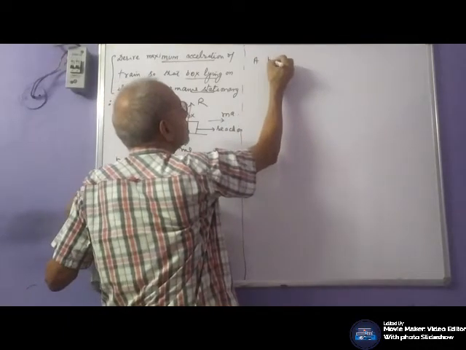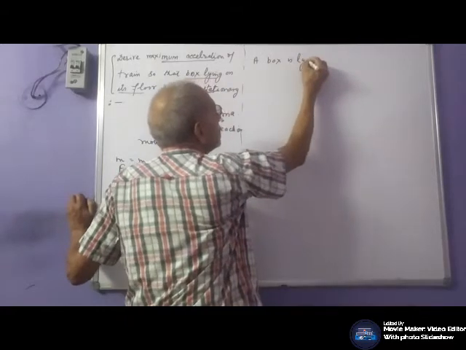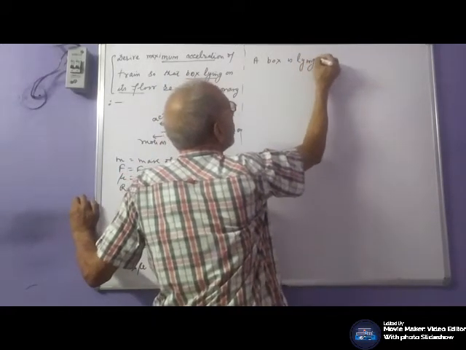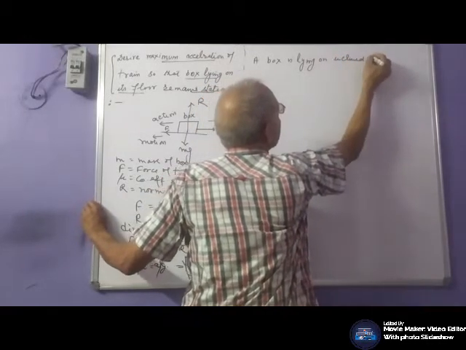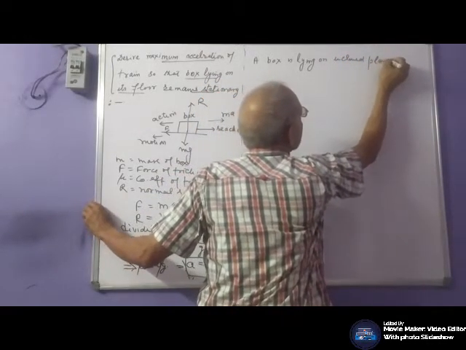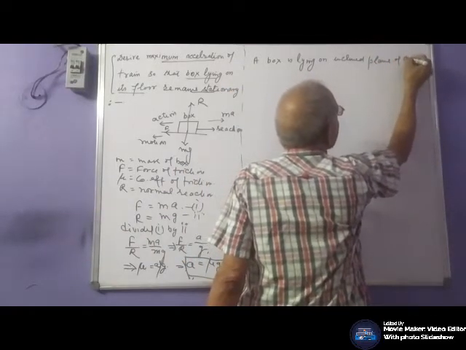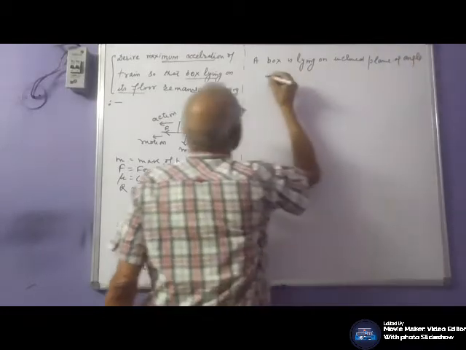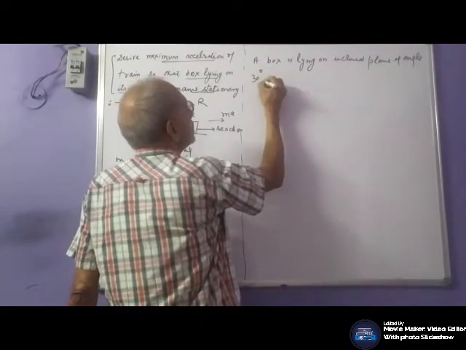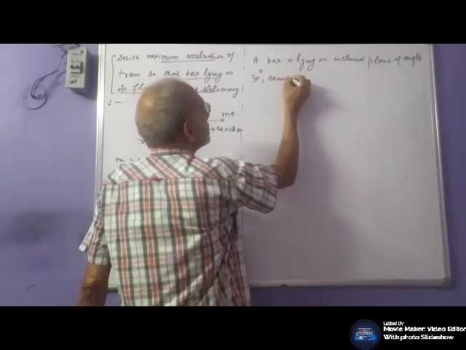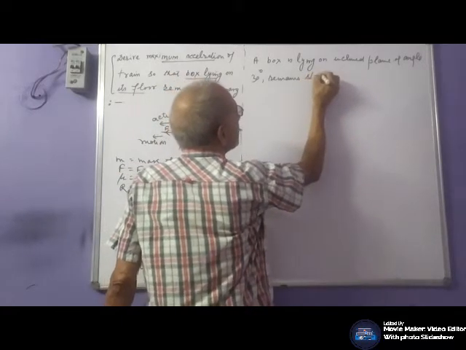A box is lying on an inclined plane of angle 30 degrees and remains stationary.